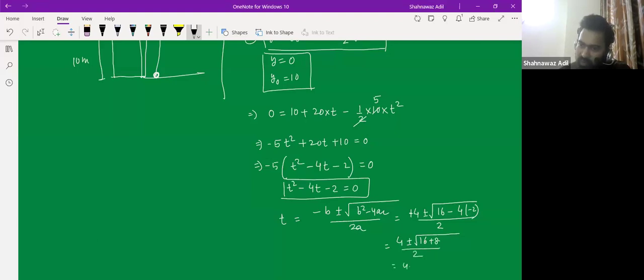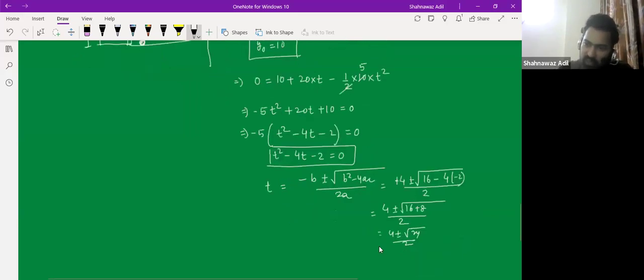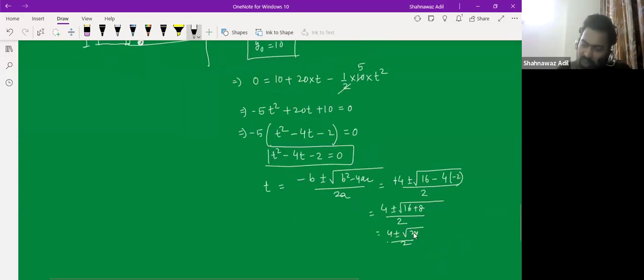So this is 4 plus minus, how much is this thing? Root 24 by 2. So what is this value? Root 24 is root of 4 into 6, so this is 2 root 6 divided by 2. So 2 we can take common. This would be 2 plus minus root 6.